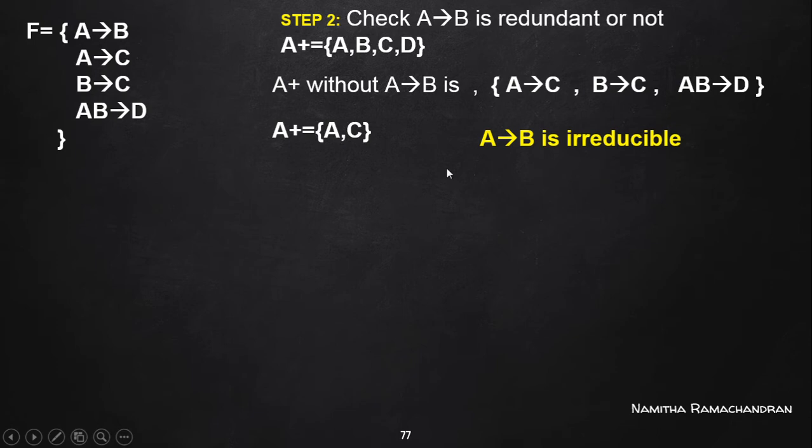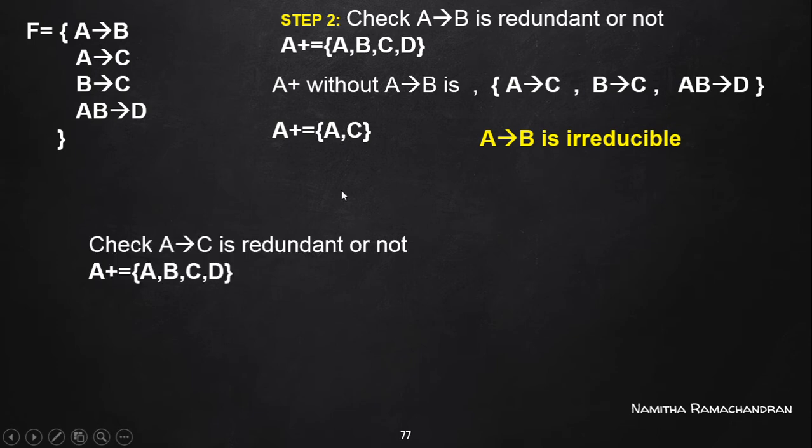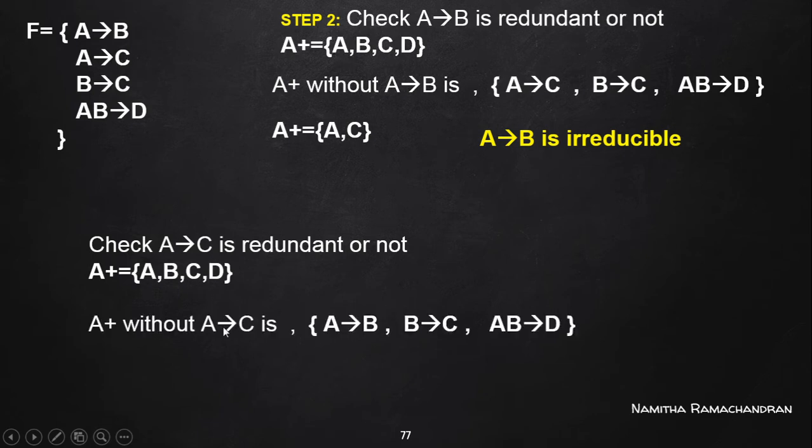So go for the next dependency. Check whether A implies C is redundant or not. The same rule: first find the closure of A, because here the LHS part is A. So find the closure of A, which is A, B, C, D. After that, without A implies C, again find the A closure.